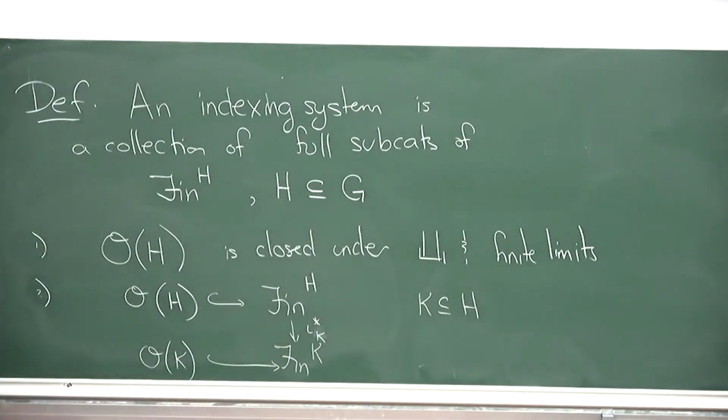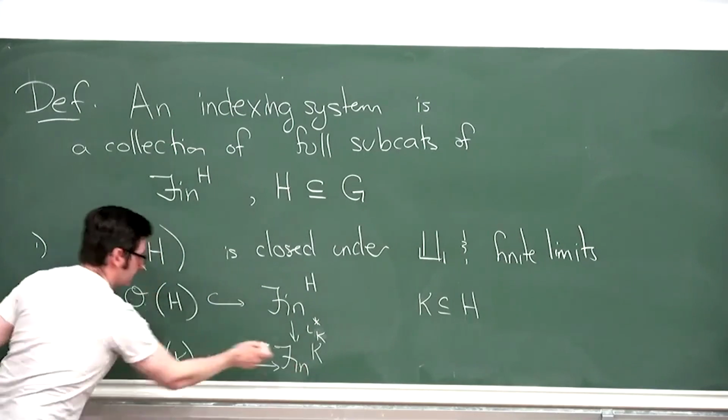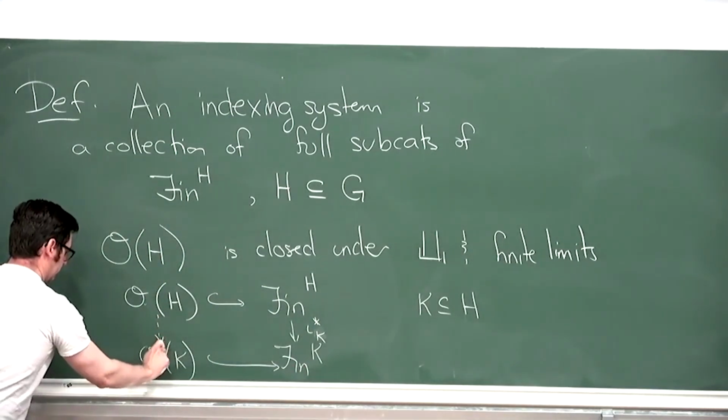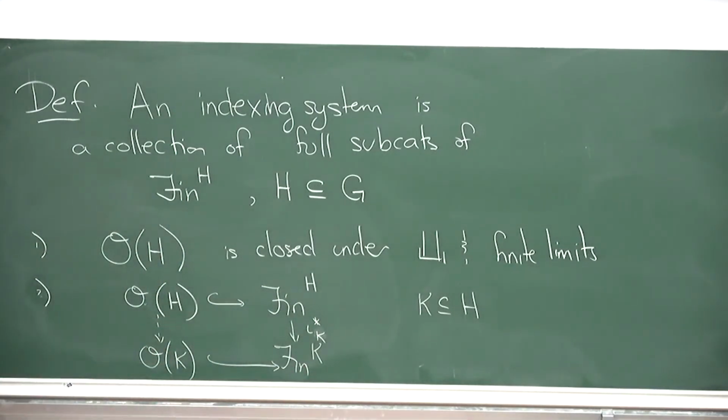So my second condition is that when I do this composite, I actually land in O of K. So my restriction of one of these things is, again, one of these things.